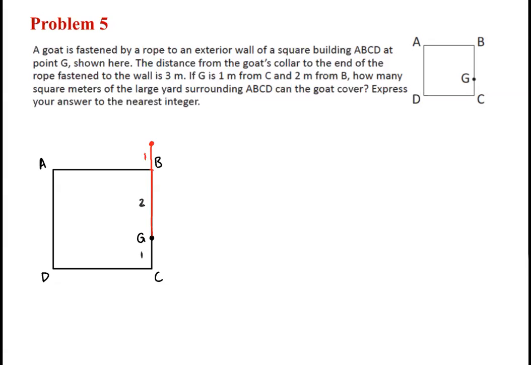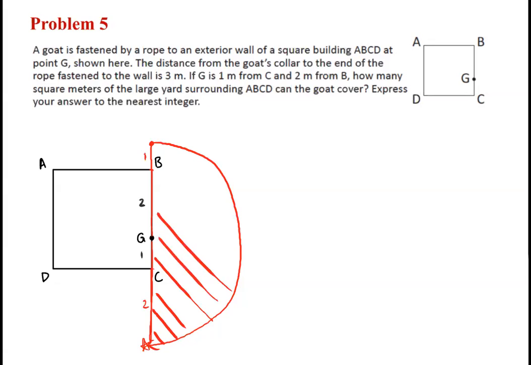And basically the goat can go all the way from here to here. So we're gonna draw the rope. And from point C to this place, that is 2. So all of this red area is space where the goat can cover.